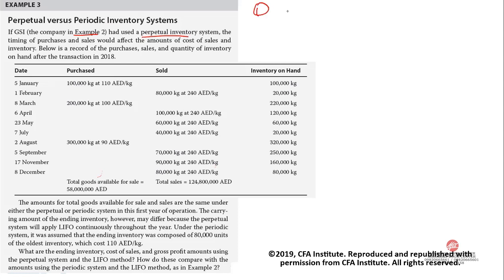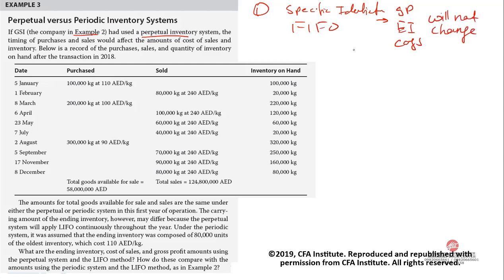Now the first thing we need to understand is that in specific identification and first in, first out, gross profit, ending inventory, and cost of goods sold will not change if we use periodic or perpetual.